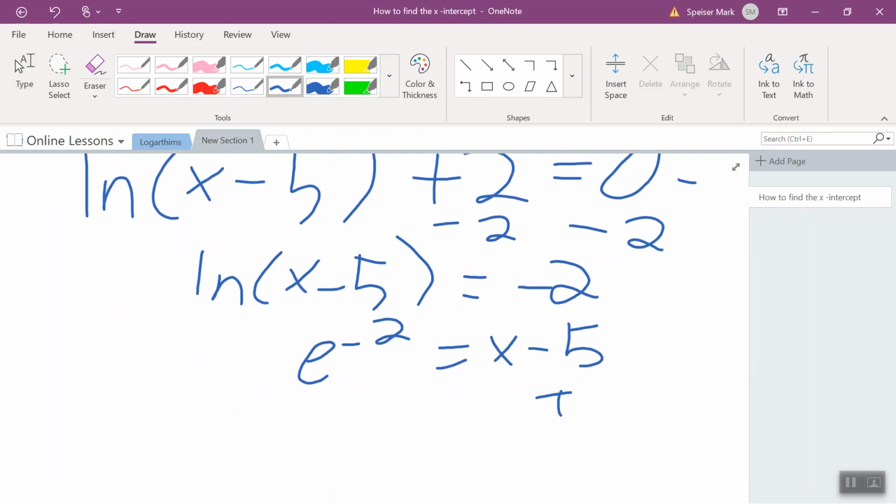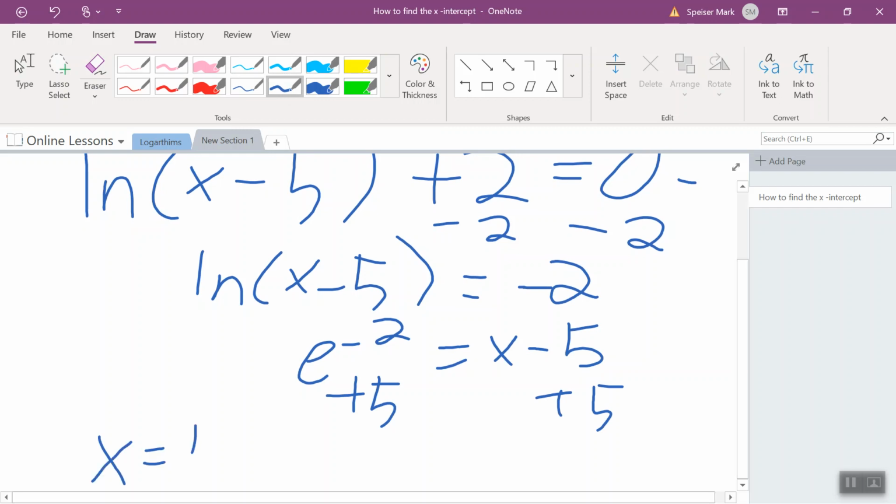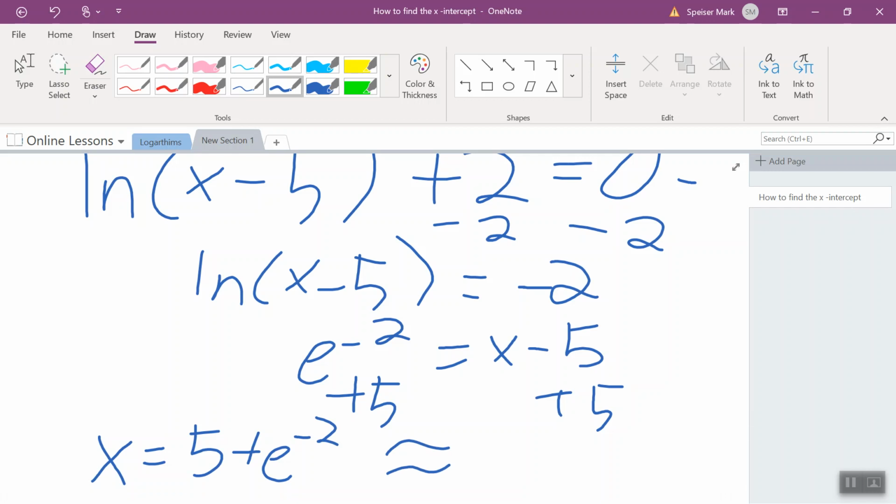You add 5 on both sides. x equals exactly 5 plus e to the negative 2, which is approximately 5.135.